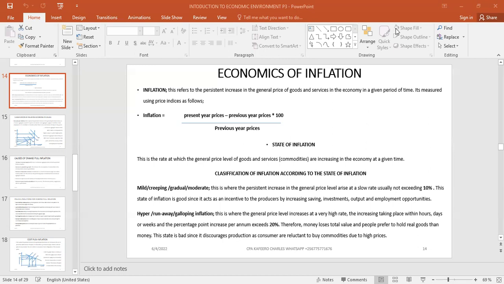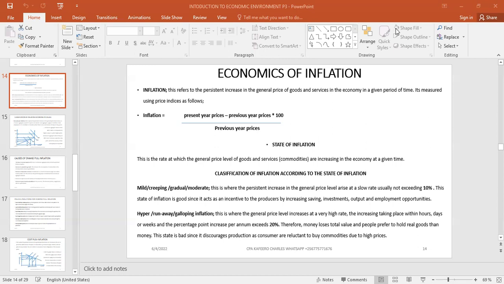Inflation is given in two categories: the one which is growing at a slow rate and the one at a high rate. The one growing at a slow rate is the mild inflation, and that one is good. The one growing at a very high rate is hyperinflation.